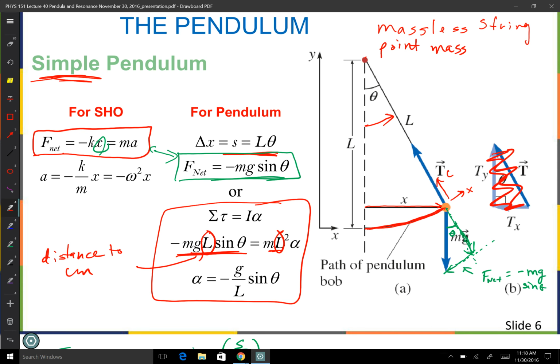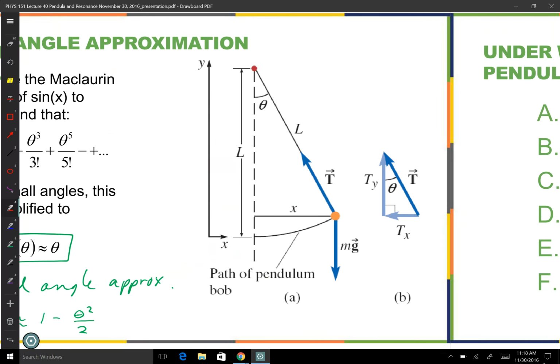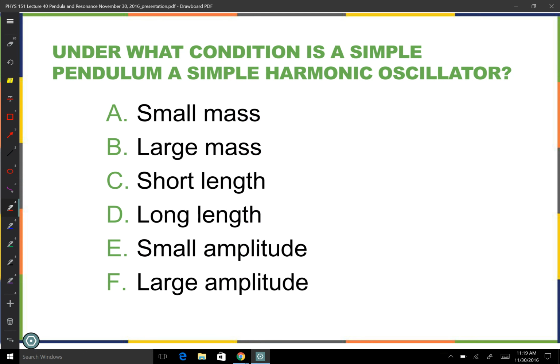Now our first clicker question. Under what condition is a simple pendulum a simple harmonic oscillator?